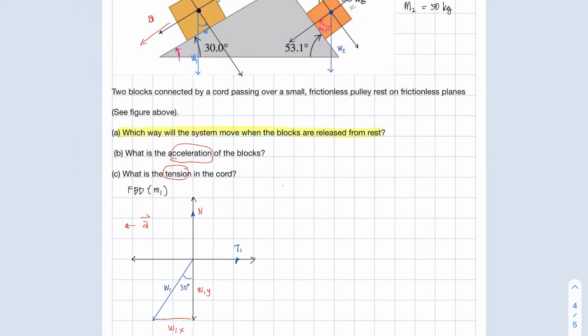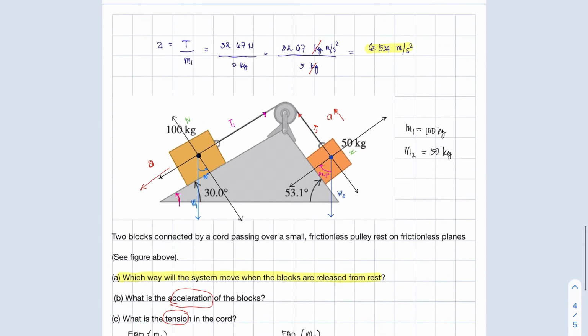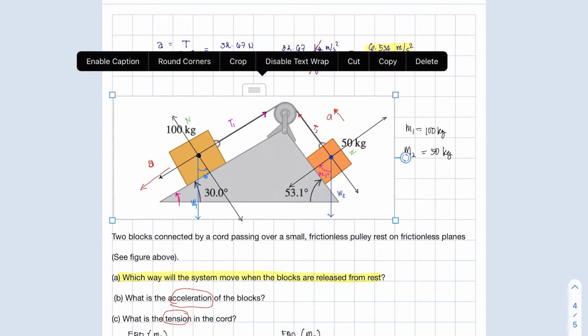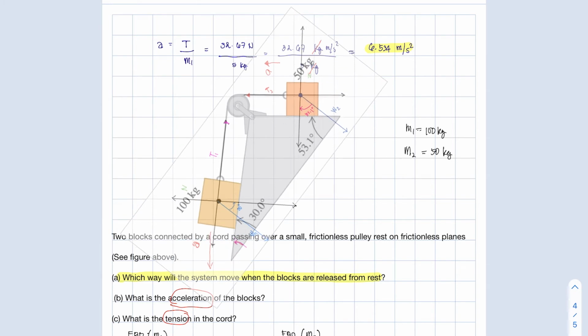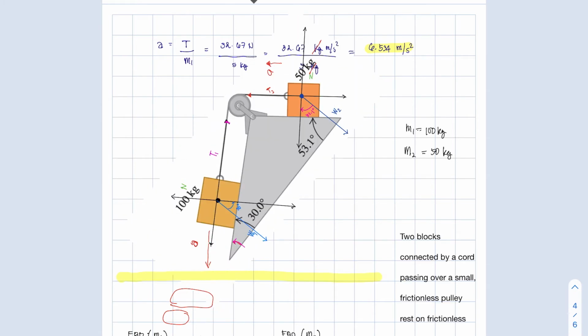Now let's move to free body diagram number 2. So this is how it will look. To simplify free body diagram number 2, it's the same thing we will do. We will rotate this in such a manner that the one I highlight is the x-axis and this is the y-axis.